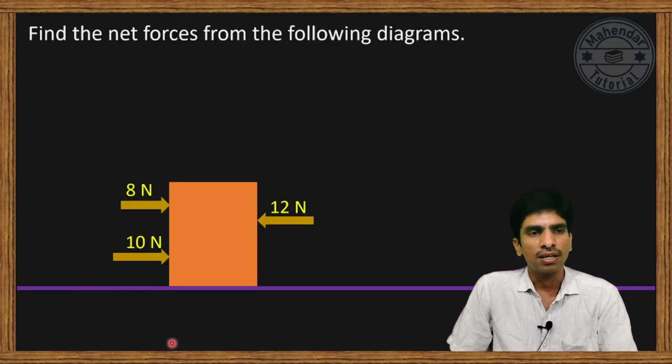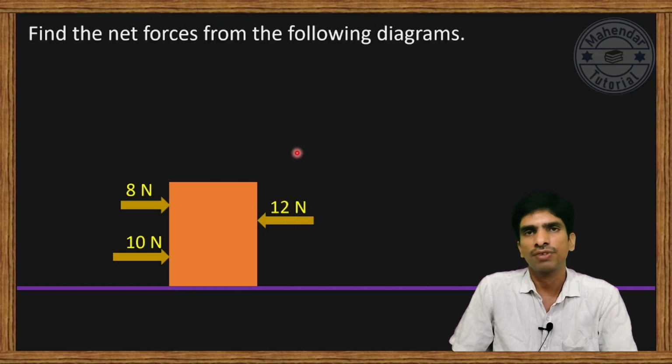Find the net forces from the following diagrams. Here you can see there are a total of 3 forces, 8 newtons, 10 newtons and 12 newtons, acting on this object. If you observe here, the 8 newton force and 10 newton force are acting towards the right side. It means these forces should be added, and the 12 newton force is acting towards the left side, so it should be subtracted from that.